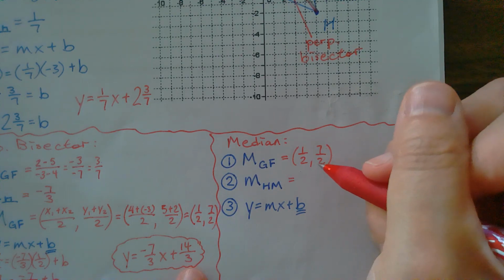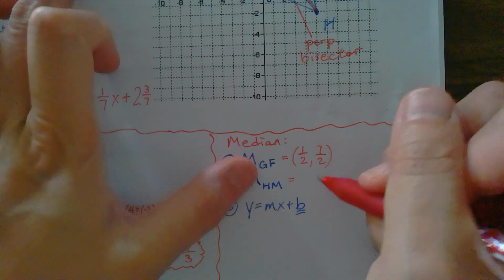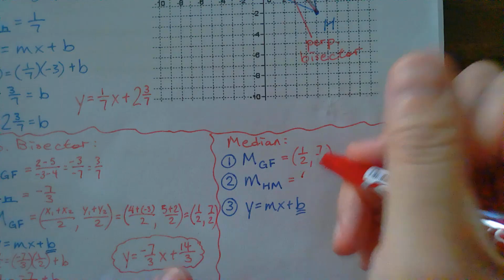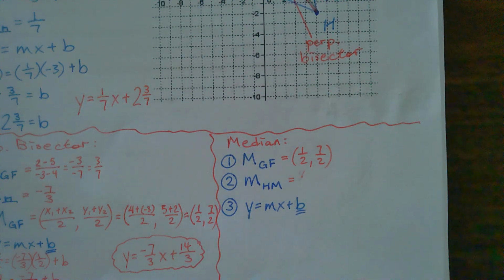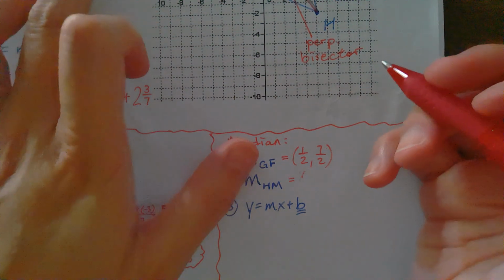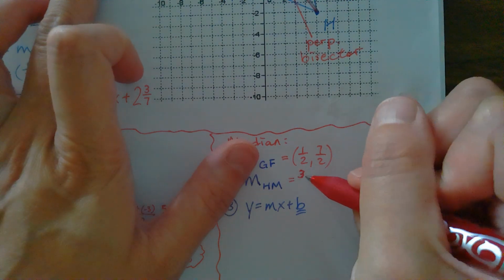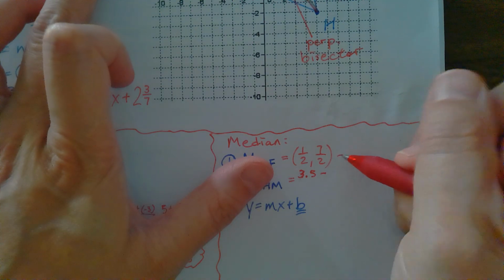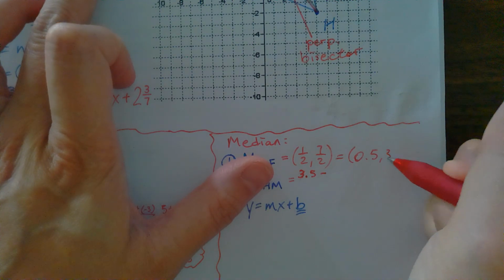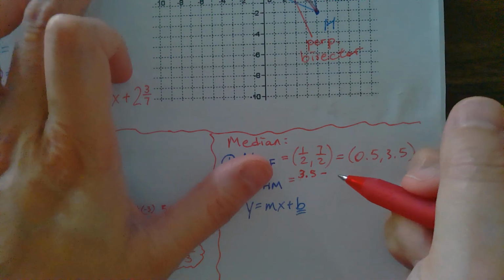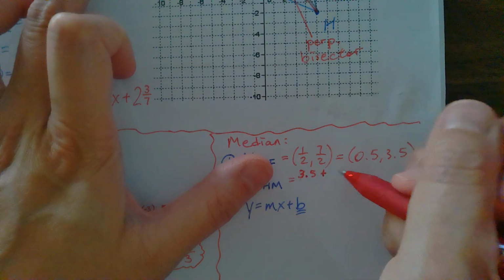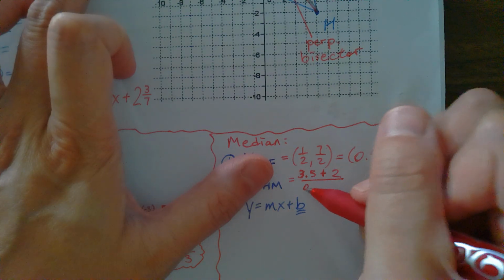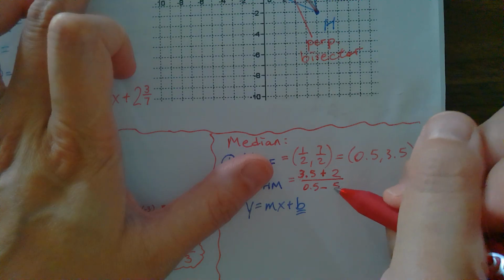So M and H. Oh, this is going to get ugly. You know what? Let's do decimals. I just want to show, in case fractions are going to make you lose more marks, I'd rather you use decimals. So 3.5 minus negative 2 over 0.5 minus 5.